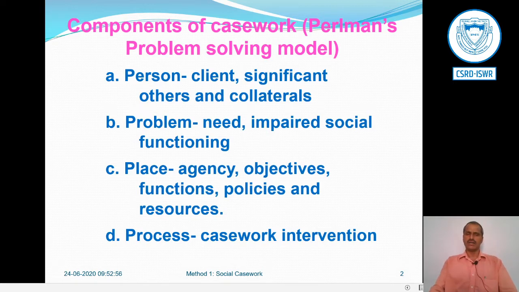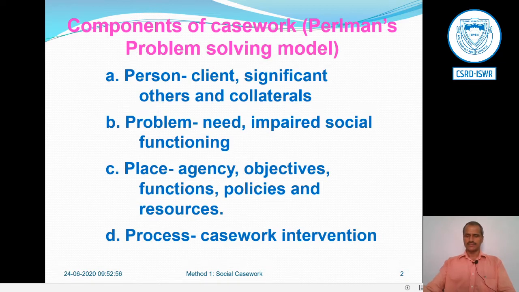She has given the simplest framework of social casework, known as the problem-solving model, which conveniently has 4 P's: person, problem, place, and process. Now, it's very easy to understand the different components of social casework from this scheme. So let us discuss one by one.